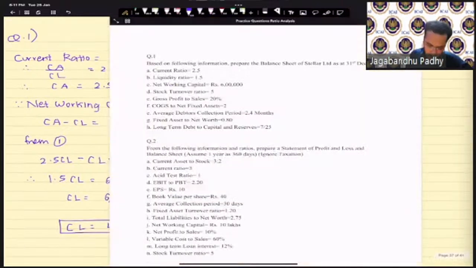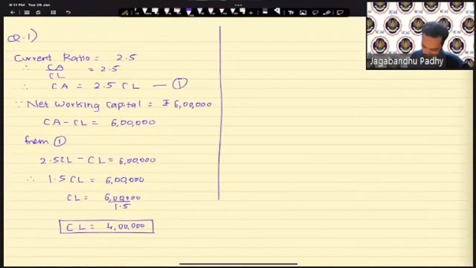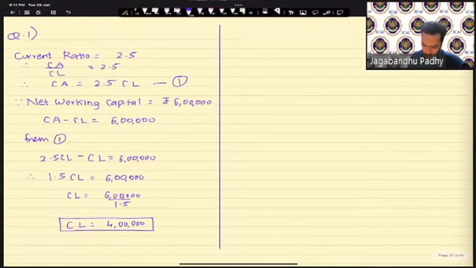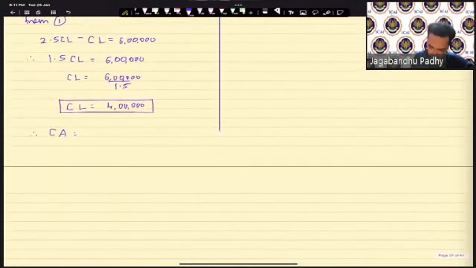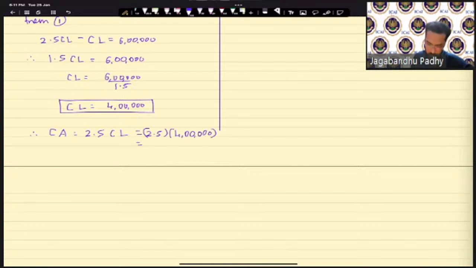Now, after this, once we get the current liability, definitely we can also say our current asset is 2.5 times of current liability, which is 2.5 times of 4 lakh, right? So it works out to be 10 lakh.